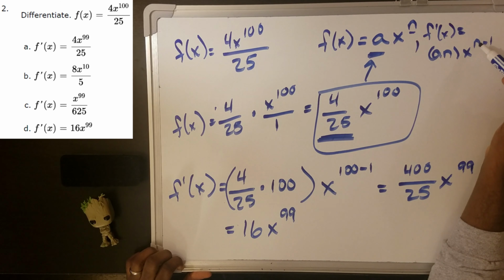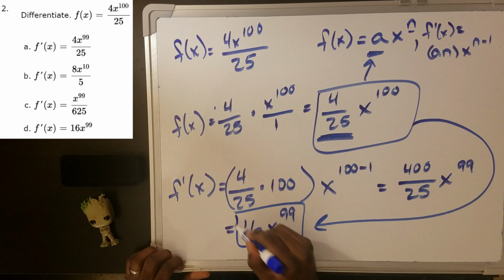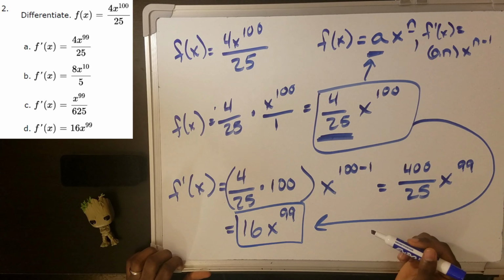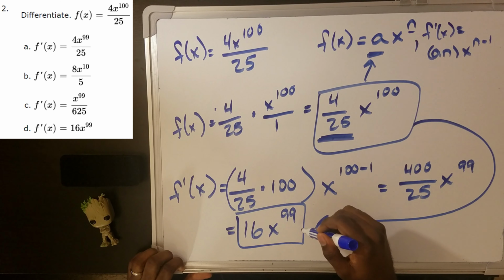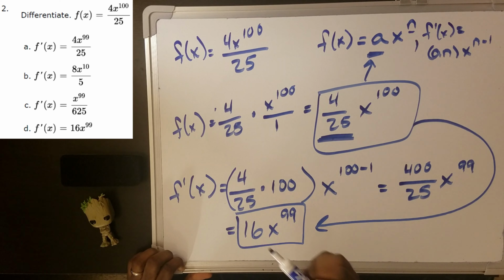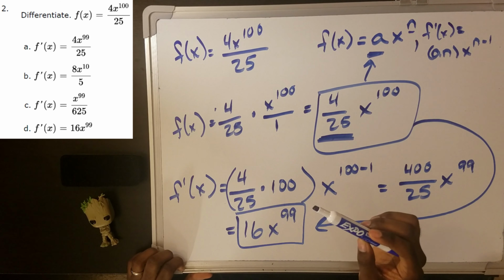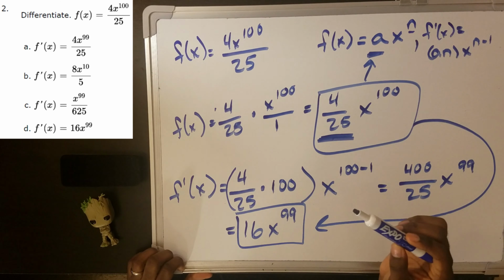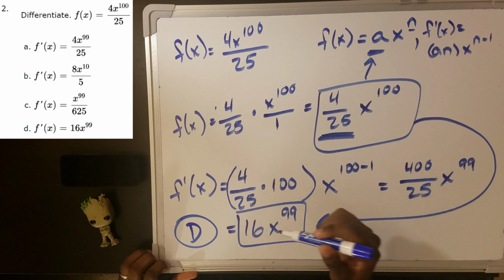So we go from here all the way to here. This is our final answer. If we look back at our question, does this answer appear in one of the options? Yes, it appears as D. So for this question, our answer is D.